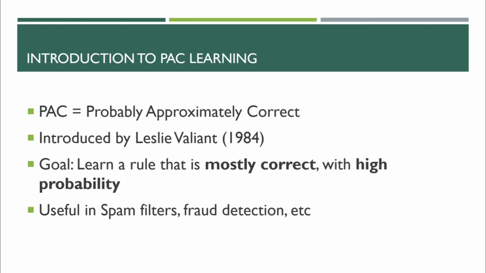The two keywords here are: probably, with high confidence, for example 95%, the model is correct; and approximately, the model doesn't have to be perfect, it just has to be close enough to the real answer. In simple words, PAC learning means we can learn a rule that is almost correct and we can be mostly sure about that. It is used in spam filters, fraud detection, etc.